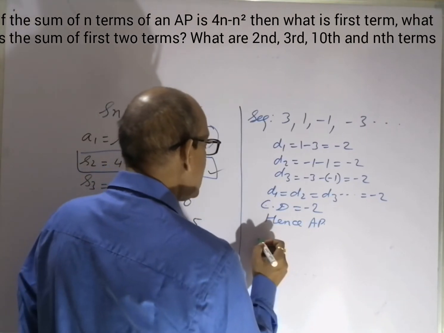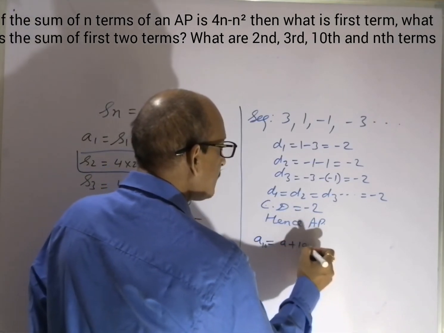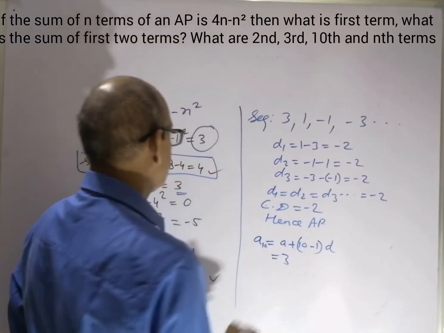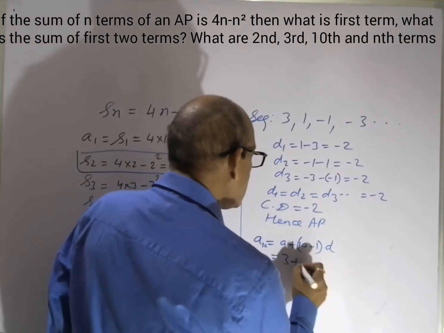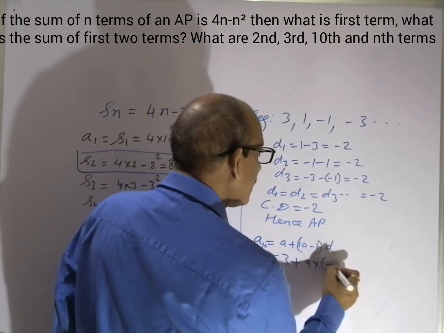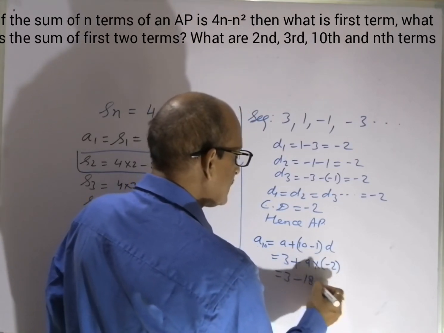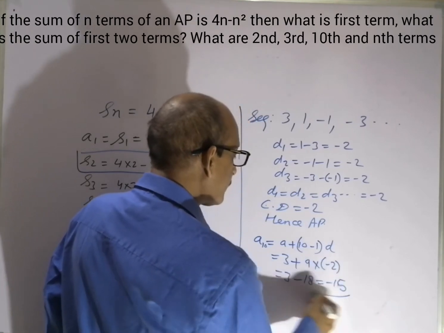So what will be A10? A10 is equal to A plus 10 minus 1 into D. So A is 3. A1 is A. A is 3 plus 9 into D, that is minus 2. So 3 minus 18, that is equal to minus 15. It is our 10th term.